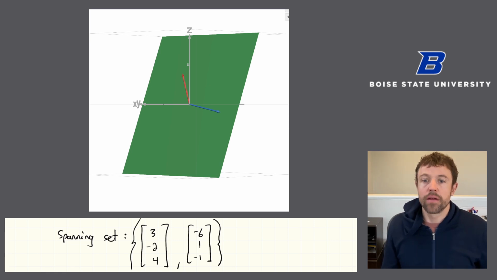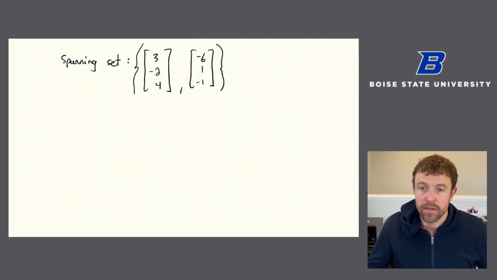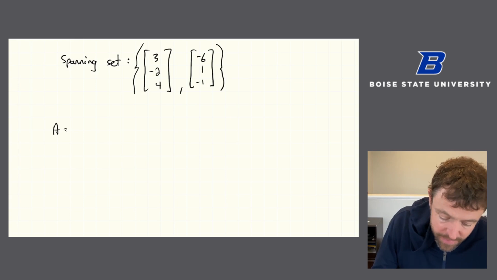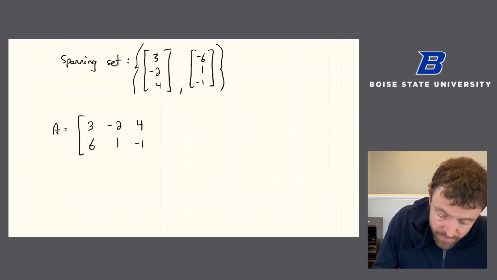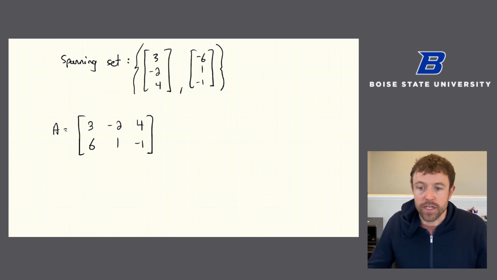So what am I going to do? I have a spanning set. That was step one. And I'm going to move away from the picture here so that I have space to write. I'm going to put these as the rows of a matrix A. And I'm going to find the null space of this matrix.